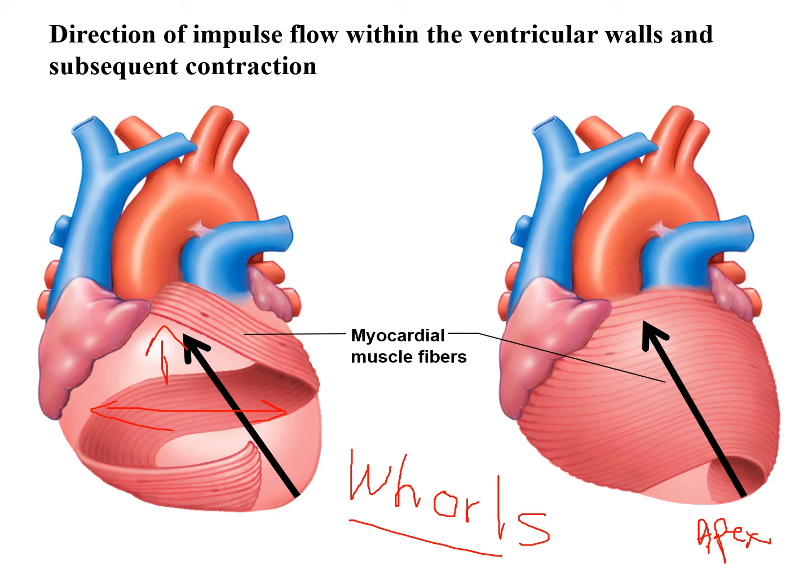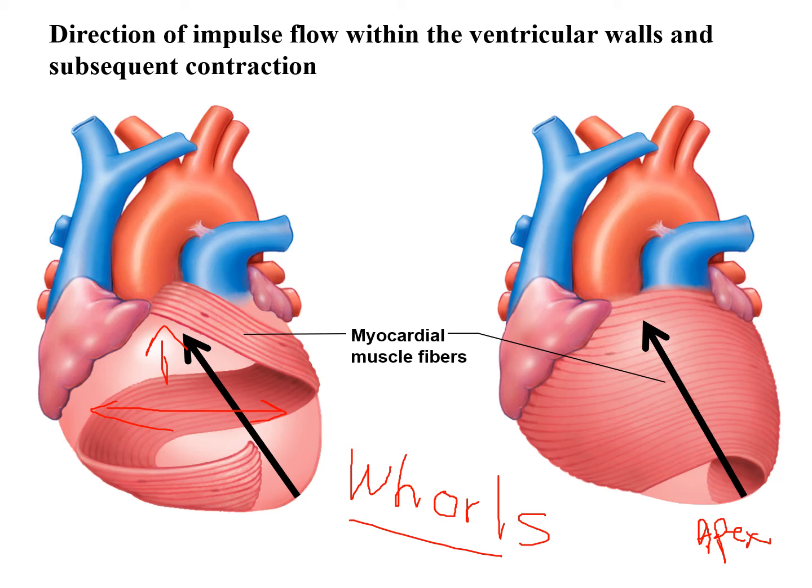Remember, the impulses pass down the interventricular septum, right and left bundle branches, down to the apex, and then the curving of those pathways upward into the ventricular walls and into the papillary muscles. So that process of ventricular systole, or ventricular contraction, is going to begin at the apex and work upward superiorly.